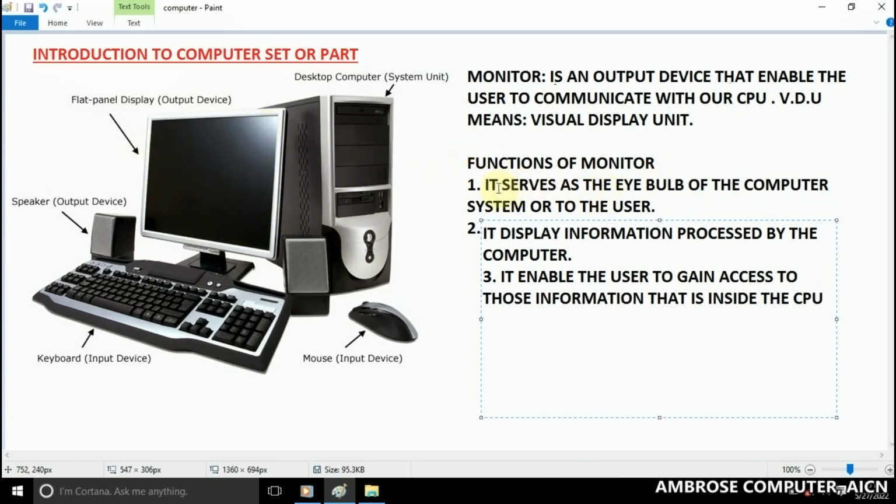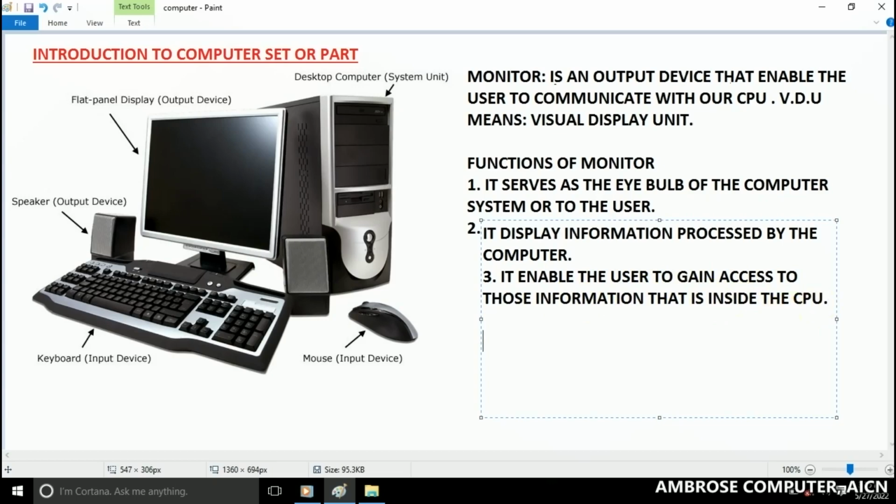Number 1, I told you that it serves as the eyeball of the computer system, or of the user, whoever is using it. Then 2, it displays information processed by the user. Then 3, it enables the user to gain access to the information that is inside the CPU.